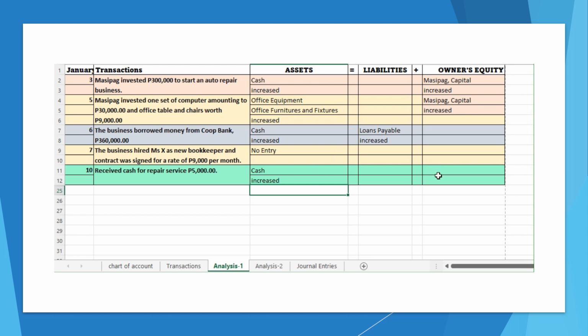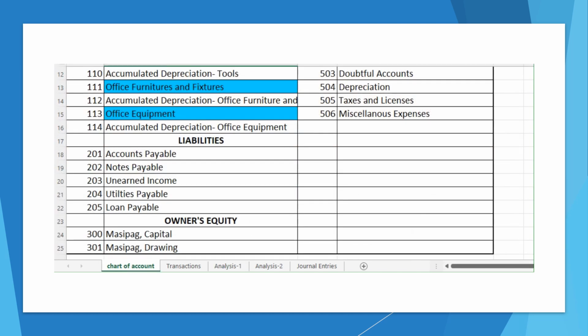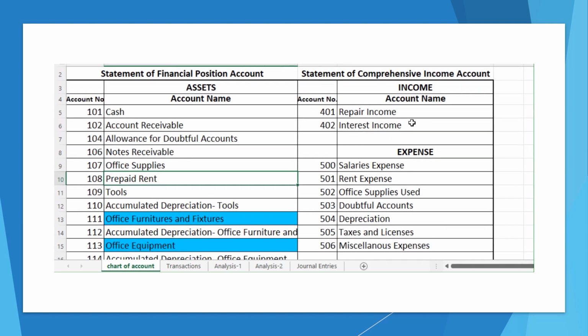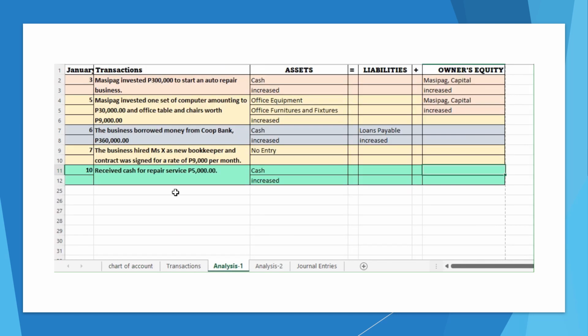Yes. So we are going to record the income. So let's go to the chart of account and see what is to be used. Okay, under the income, we have repair income and interest income. So the appropriate one is repair income. Repair income.